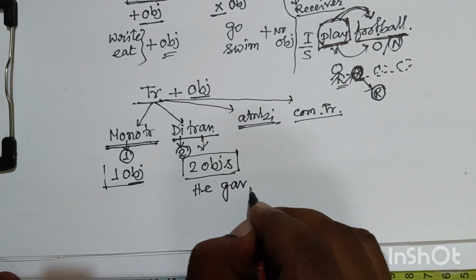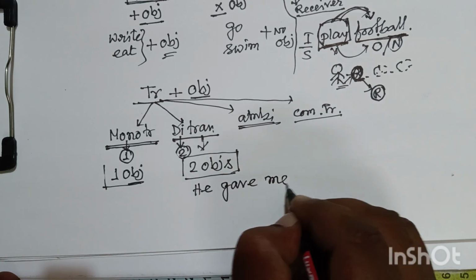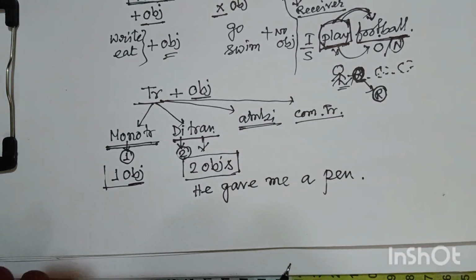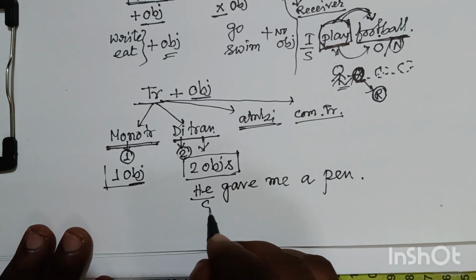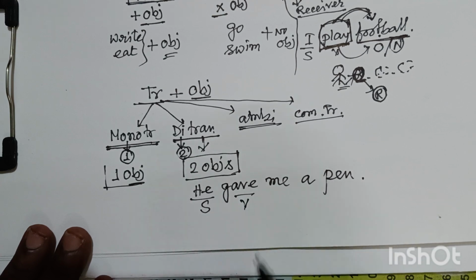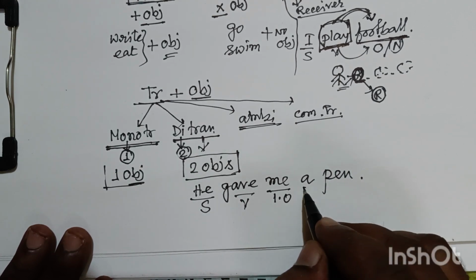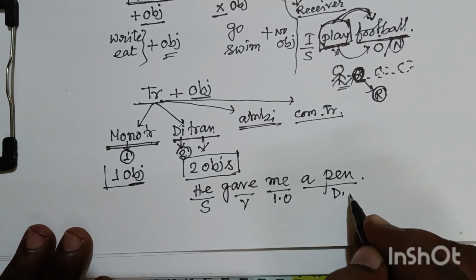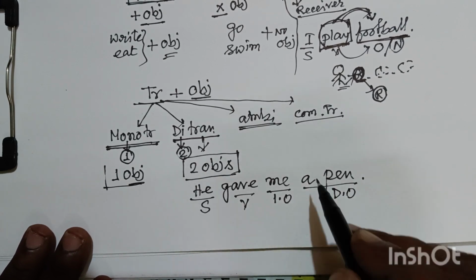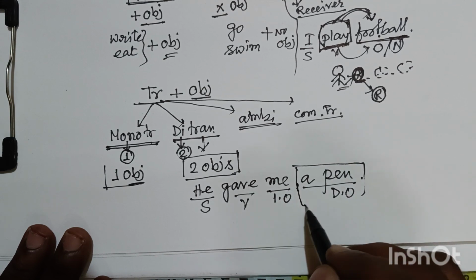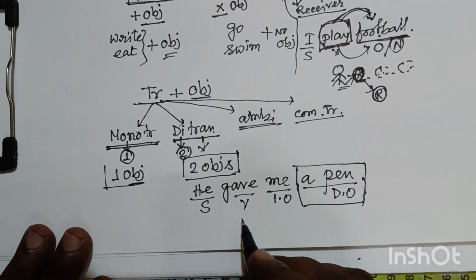Look at this sentence. He is the subject, gave is the verb, me is the indirect object, and a pen is the direct object. My dear friends, direct object is the actual object of the verb.